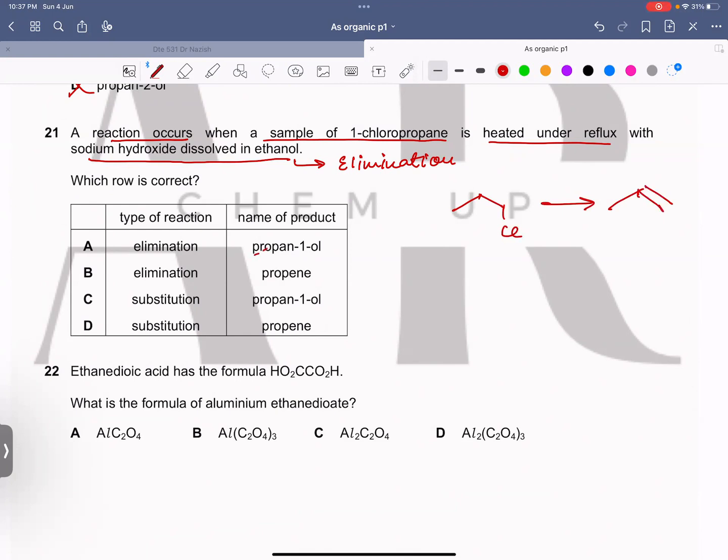So here, these two go wrong. These can be an answer. But here, the type of reaction is wrong, which makes D wrong. And B is your correct answer.